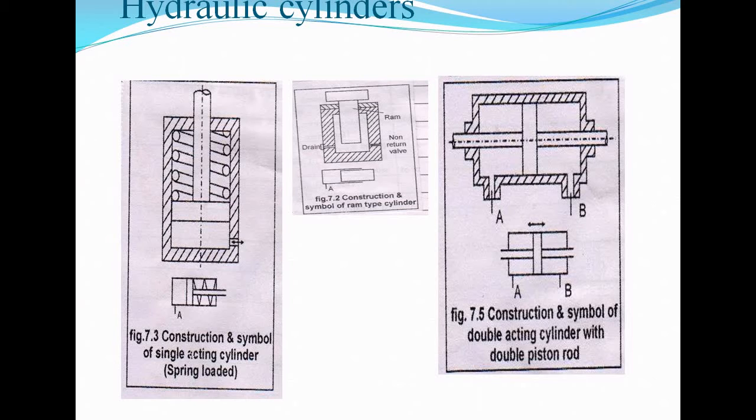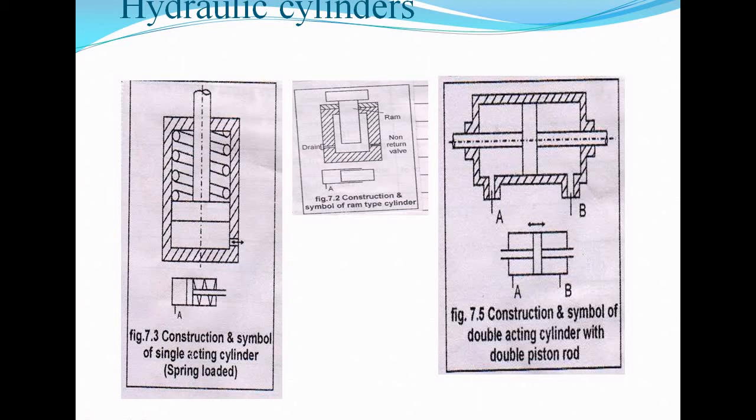In another figure, this is the ram type cylinder. This is the ram. You can see the ram shape. This is the body in which the ram is fitted. These are the two ports here. This is the drain port and this is the non-return valve. This is the symbol for ram type cylinder.